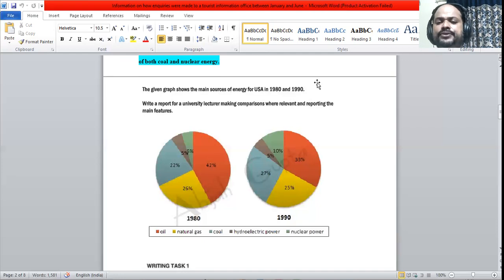So this is what we need to do: we need to have a clear introduction and a clear overview of this particular task.